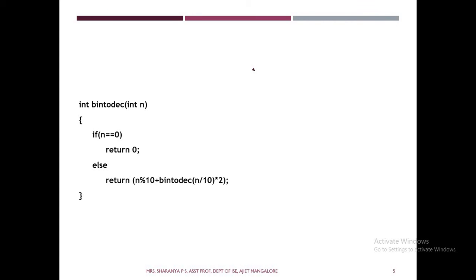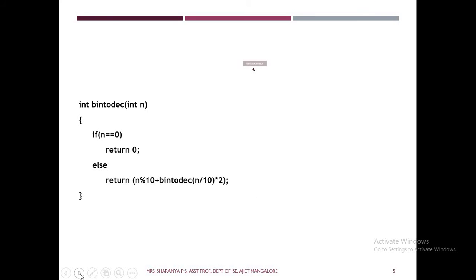That is, for any given number n, if we take the modulus with 10, it will yield the last digit, the remainder. In the same way, if we divide that number by 10, we get the remaining digits.